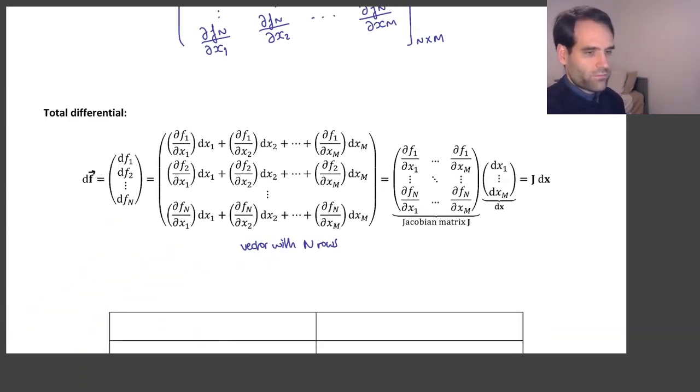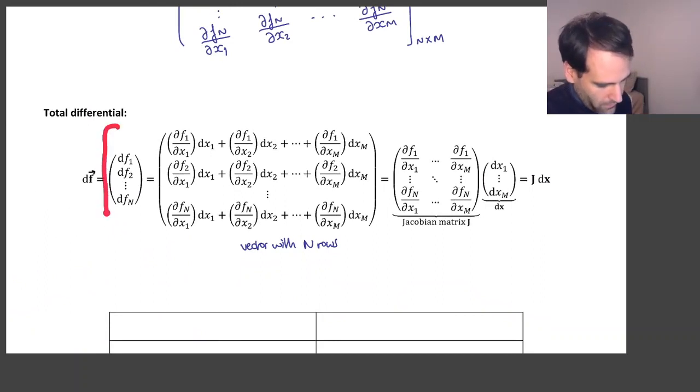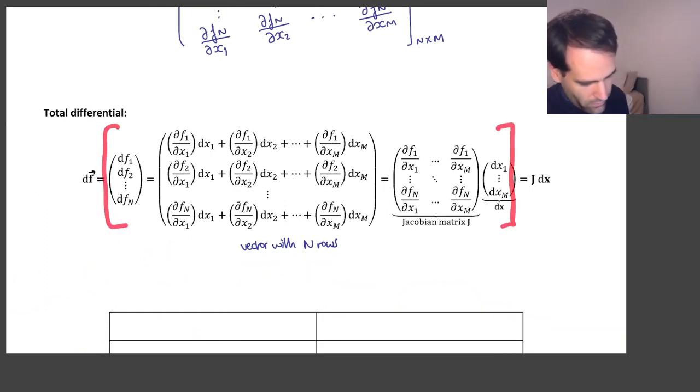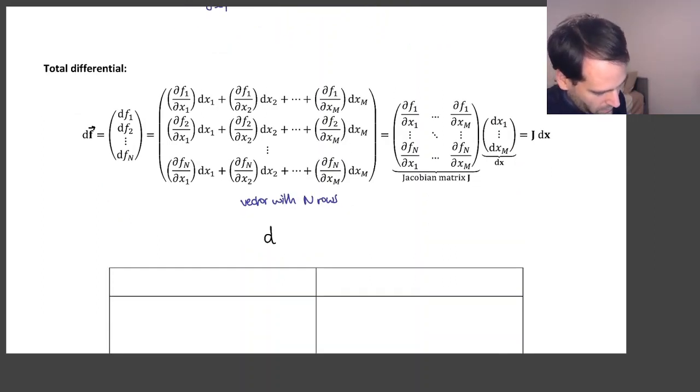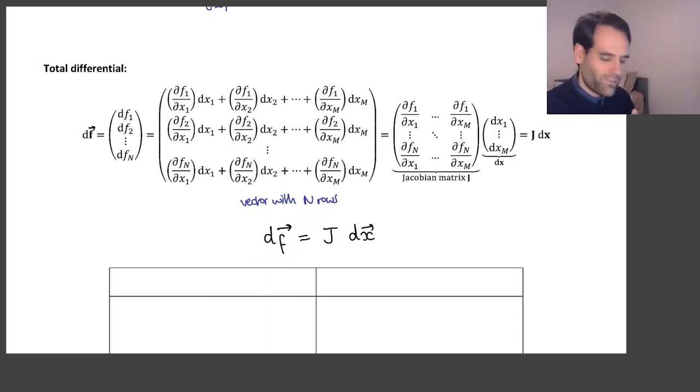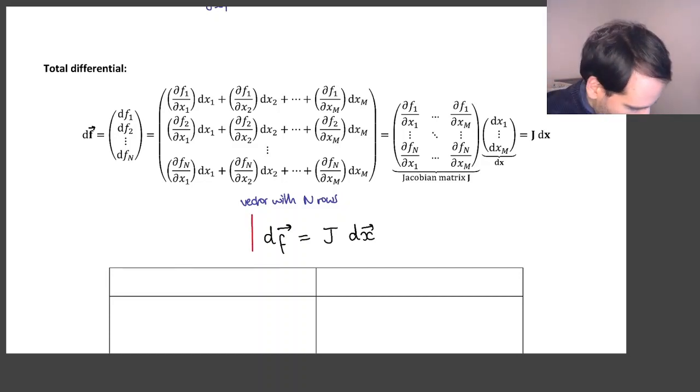In other words, if we remove all these intermediate steps, what we find is that df, the differential of our vector f, is equal to the Jacobian matrix times dx, the differential of the input variables. Okay?